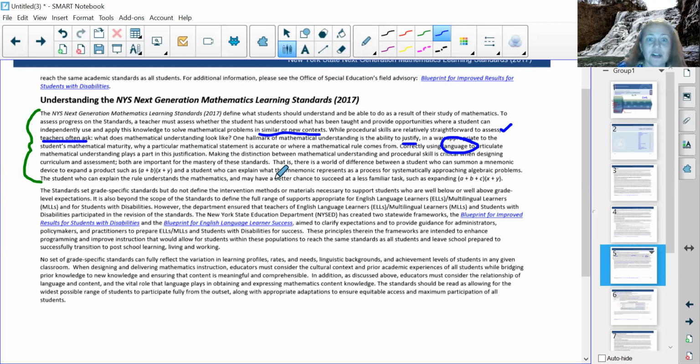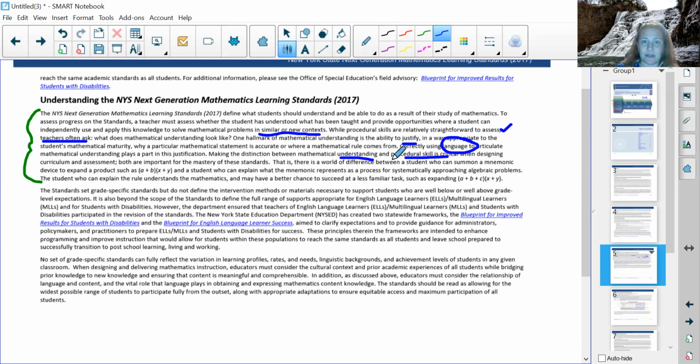And it talks here about the importance of recognizing the difference between mathematical understanding, conceptual understanding, versus procedural skill. That's important to recognize within the curriculum, but also within our assessments. And like I said, assessing conceptual understanding is very difficult. It can be done, but it's difficult.